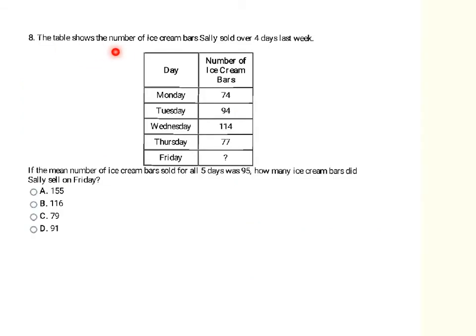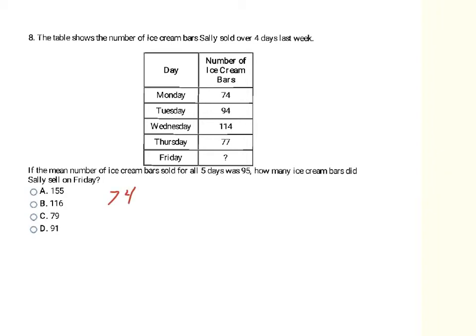So here we have a table that shows the number of ice cream bars Sally sold over the last 4 days last week. If the mean number of ice cream bars sold all 5 days is 95, how many ice cream bars did Sally sell on Friday? So to find the mean, I would add up all 5 days.